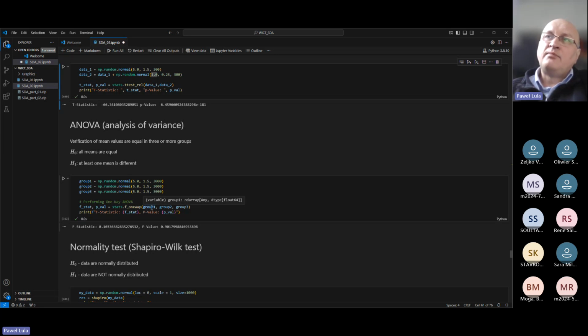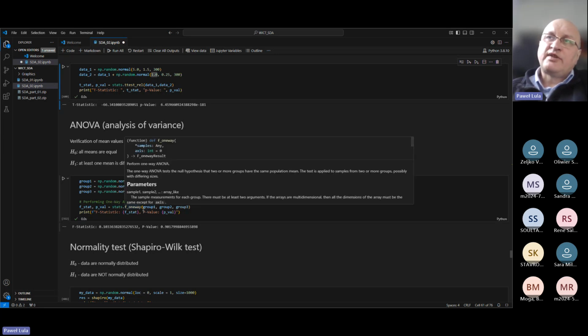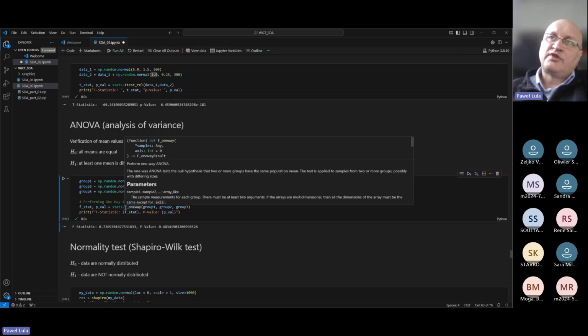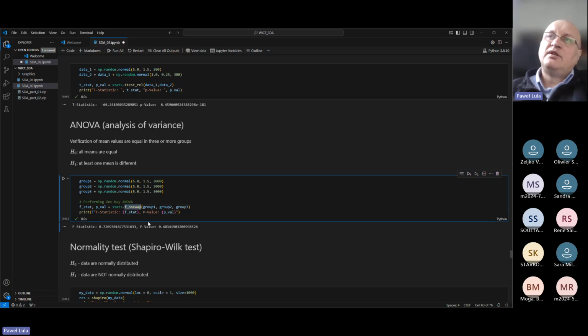And my hypothesis is that the mean value calculated for every population is the same. I calculated mean values for every group. Of course, it was performed by this procedure. And here we see the p-value.